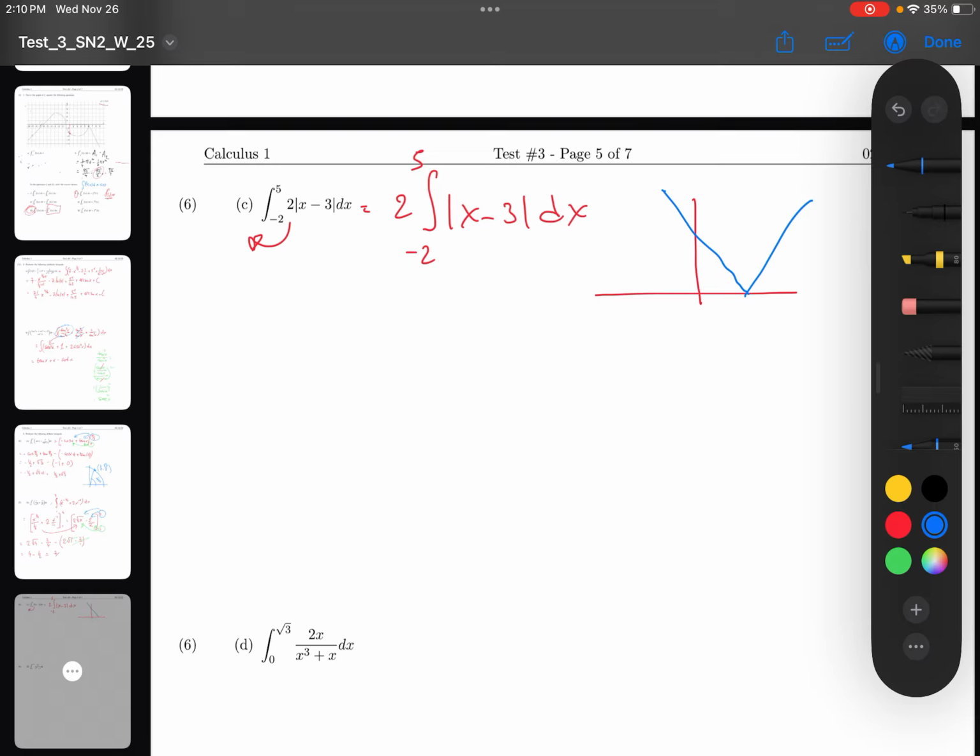This function looks like this, and the vertex is at 3, so 1, 2, 3, 4, 5, and I have to find the definite integral from -2 to 5, which, interpreting it as areas, I have the area of these two triangles right here.